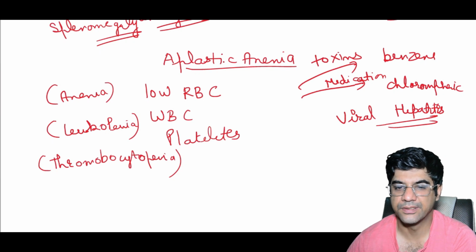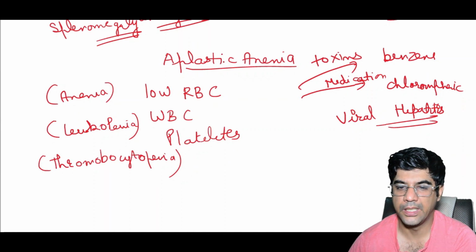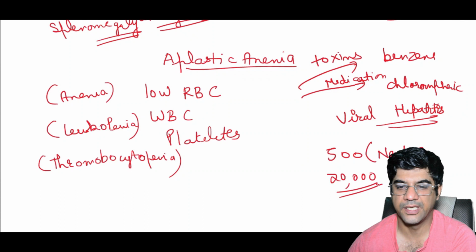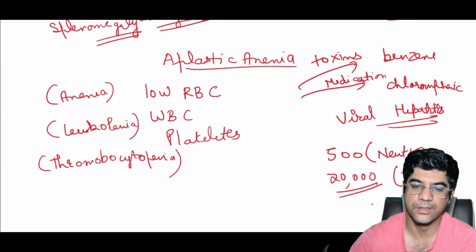For diagnosis, if there are fewer than 500 granulocytes per microliter, the term is neutropenia. If there are fewer than 20,000 platelets per microliter, the condition is thrombocytopenia. If there are fewer than 20,000 reticulocytes per microliter, then there is decreased RBC production.